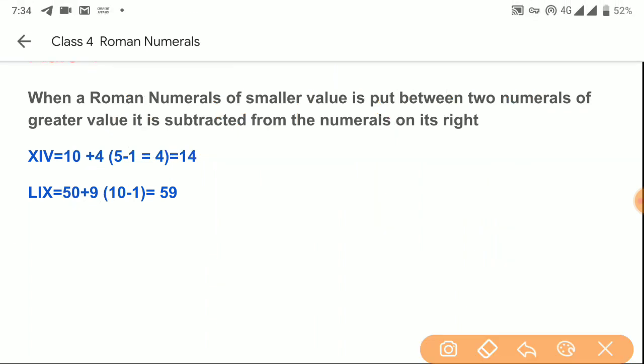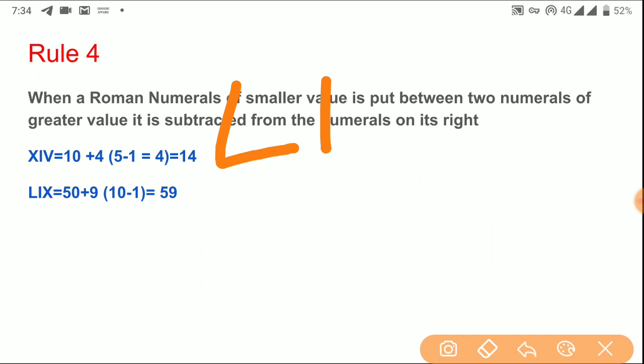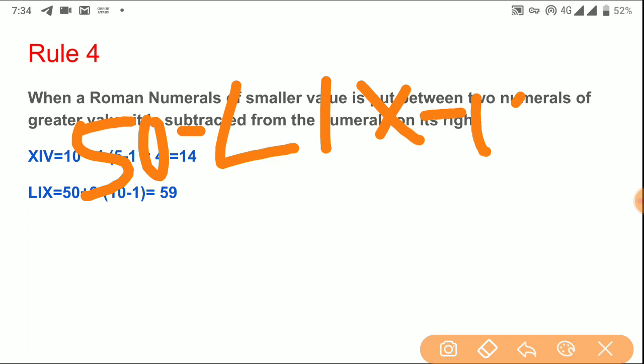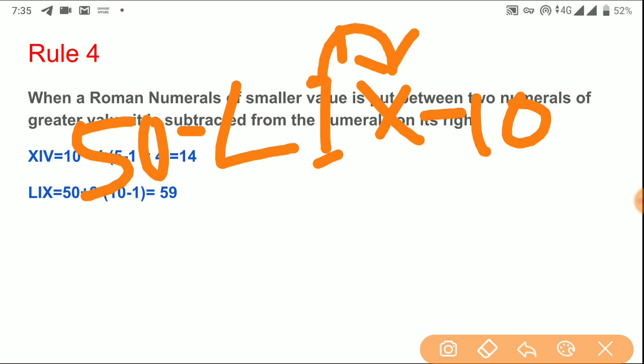Let's see one more example. L, I, X. The value of L is what? 50. Value of X is 10. Value of I is 1. So this middle value, where does it have to go? It will be subtracted on its right.